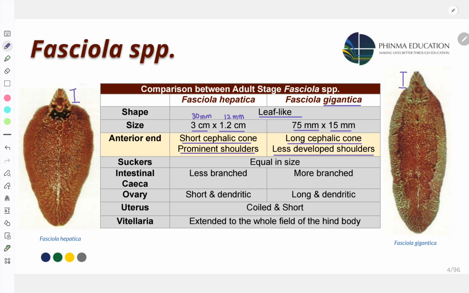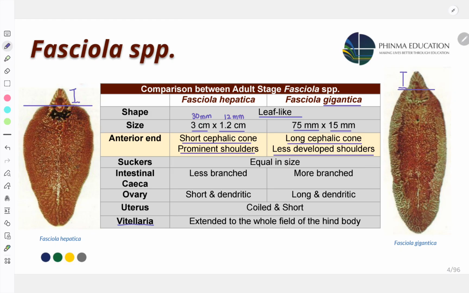But the shoulders of your hepatica are more prominent, so its shoulders are clearer compared to the shoulders of your gigantica. Their suckers are equal in size. So they are the same in everything except the anterior end, and of course their sizes.